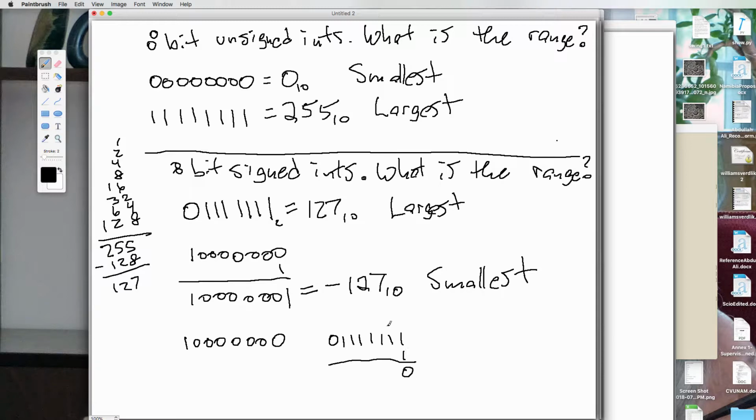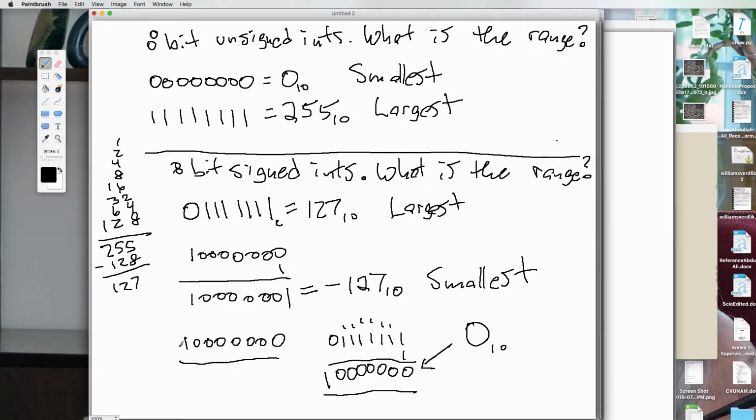This becomes a 0, carry the 1, and this becomes a 0, carry the 1, and so on, all the way across, and it's that. And I go, huh, that's kind of strange. The 2's complement of that is just itself. Well, if you think about it, that means that this thing over here is just another way of saying 0. It's 0 base 10.